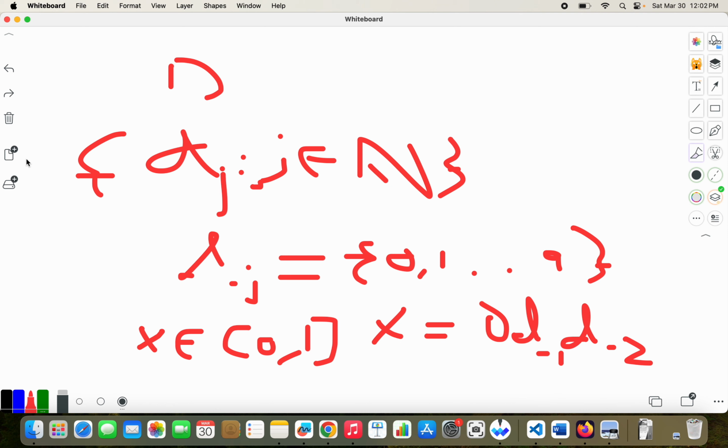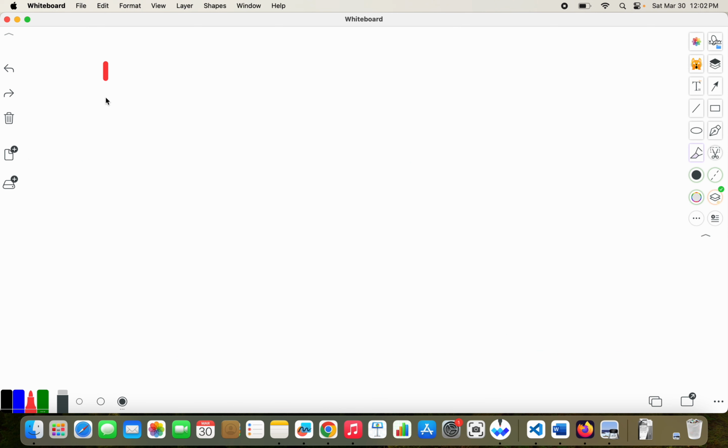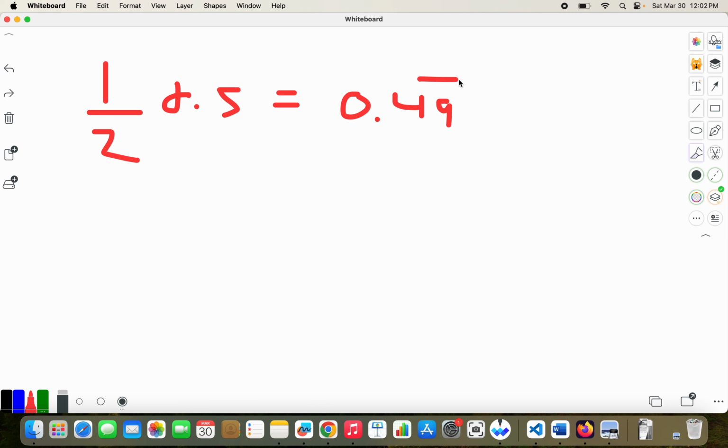So there's always a unique one. Now why is this important? You'll see later. Also, for our purposes, 0.5 equals 0.49 repeating. Just get used to it at this point.